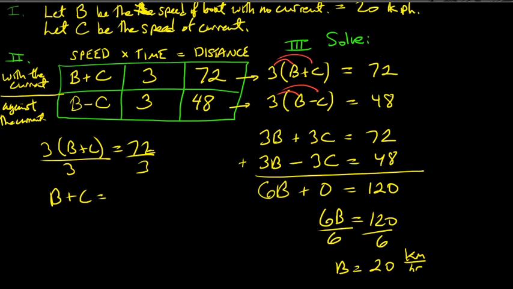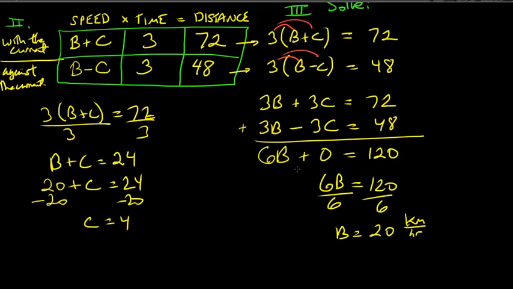I think it's 24. Yeah, 24 times 3 is 72. But we know what b is, b is 20. So subtract the 20 from both sides. c is 4.